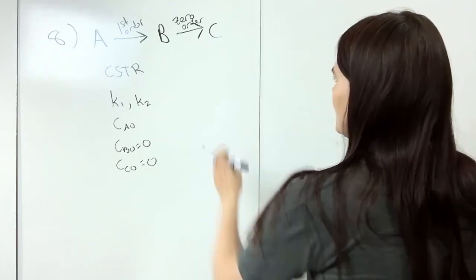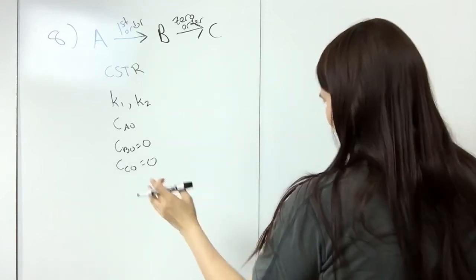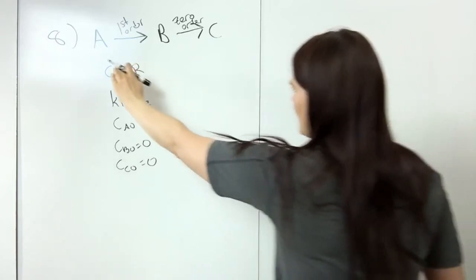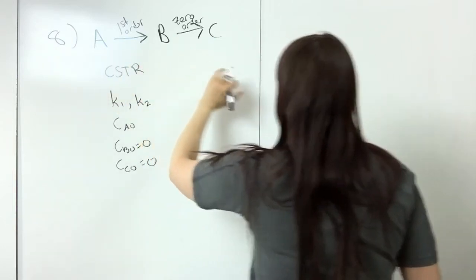The first thing you want to do when you have a series reaction like this is split it into 2 reactions and number them.